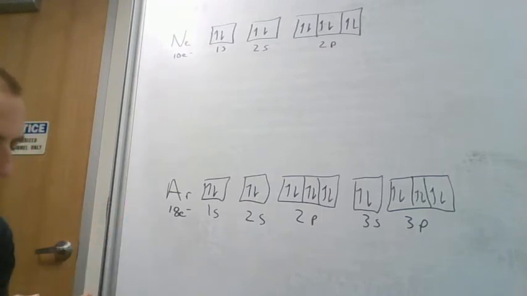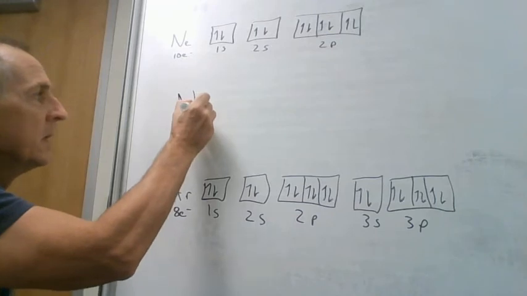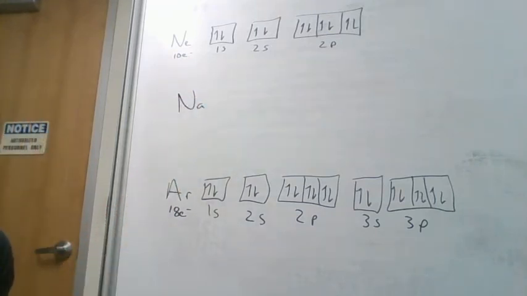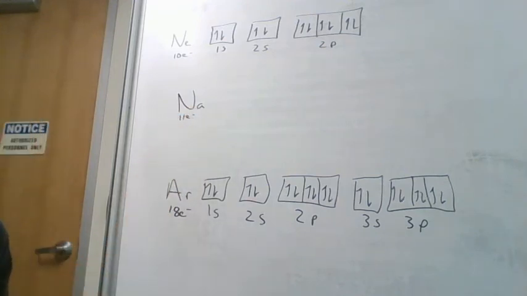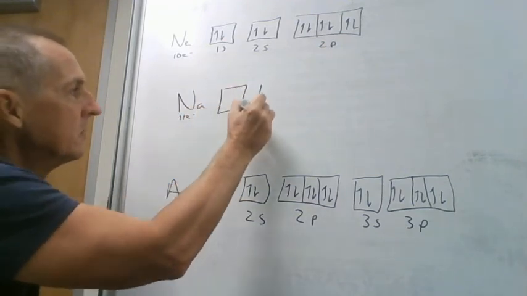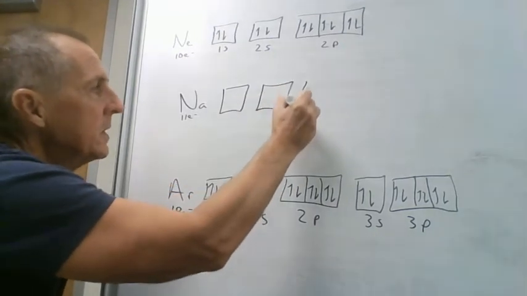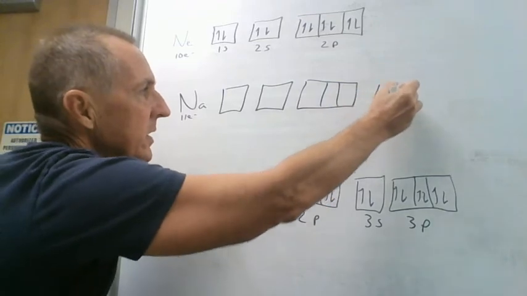If, for example, we have a sodium atom, it has 11 electrons because it's element number 11, and we draw the orbital diagram to fill the 11 electrons that we have.